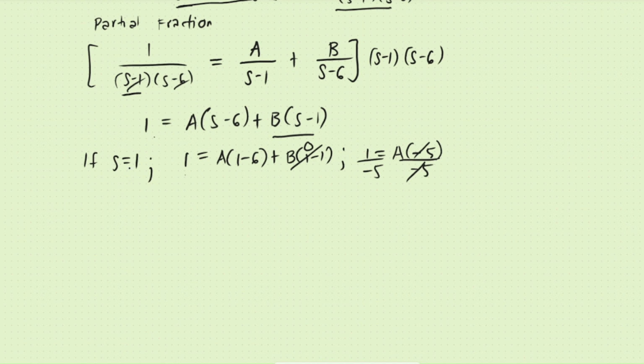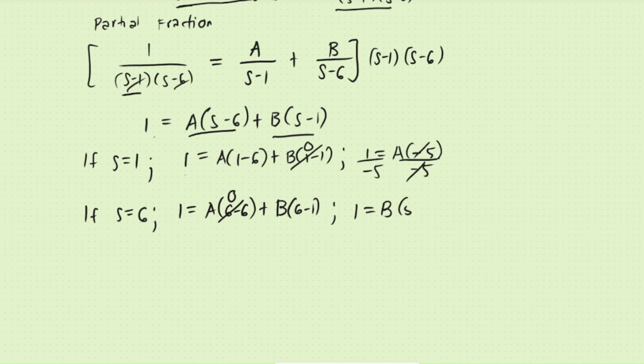How about we solve for our B? What makes the A term 0? If we set s equal to 6, this would be A times 6 minus 6, which eventually turns to 0, plus B times 6 minus 1, which is just 5. But we'll write it down to be clear: 1 is equal to B times 5, divided by 5.